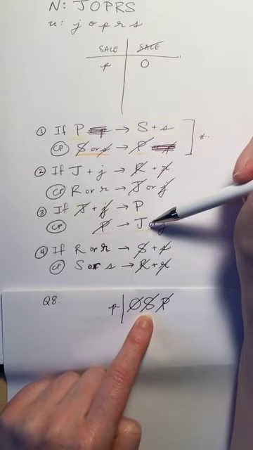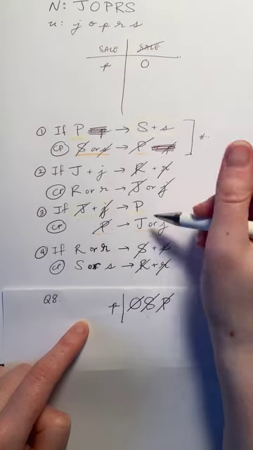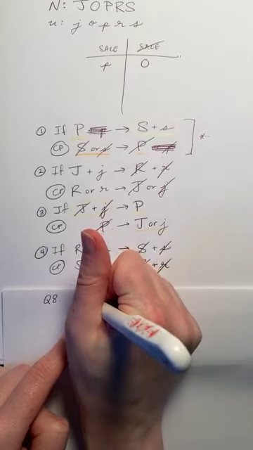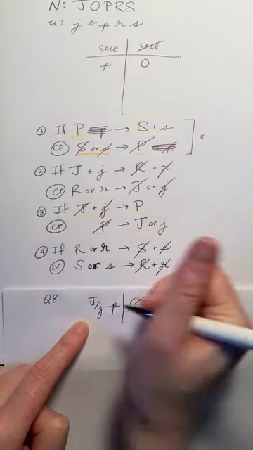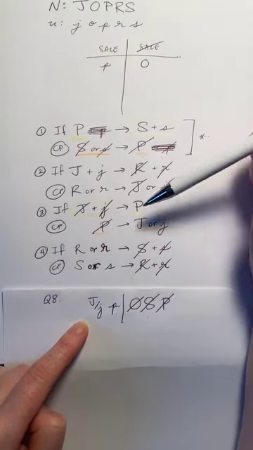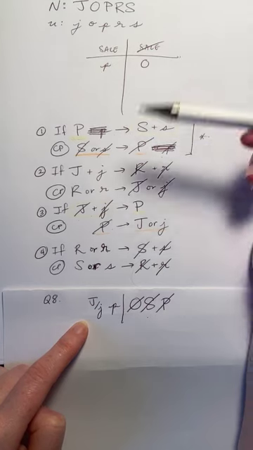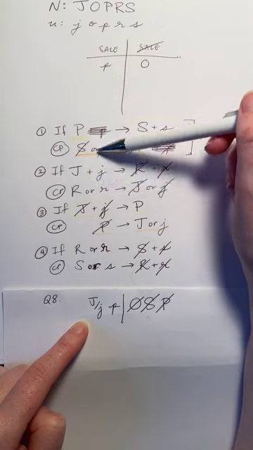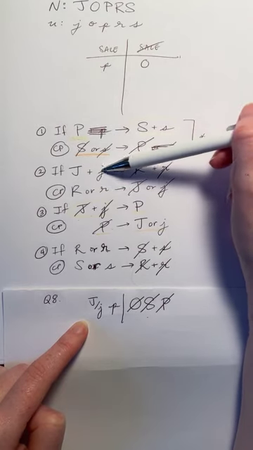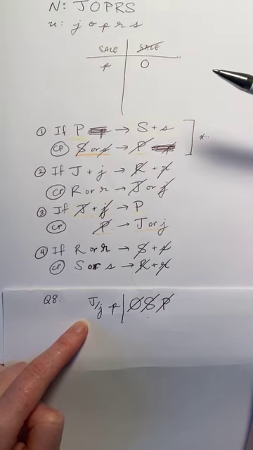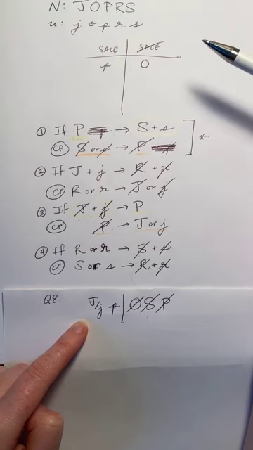Big P crossed out leads to having to have at least one of these two in. Okay. Now at that point, we don't know. Like we could have both of them in, but we don't have to.